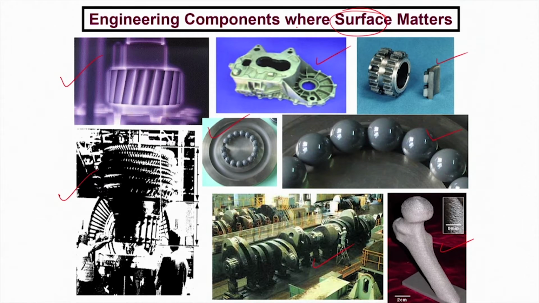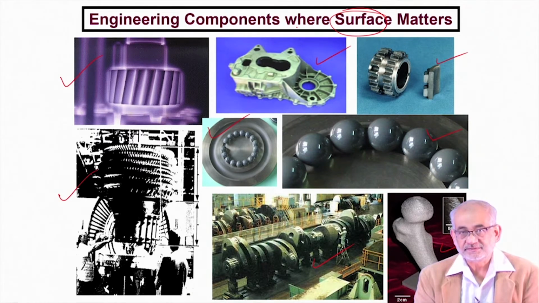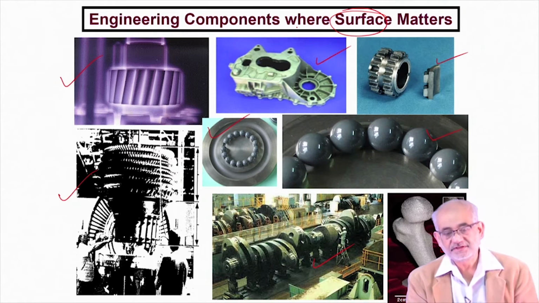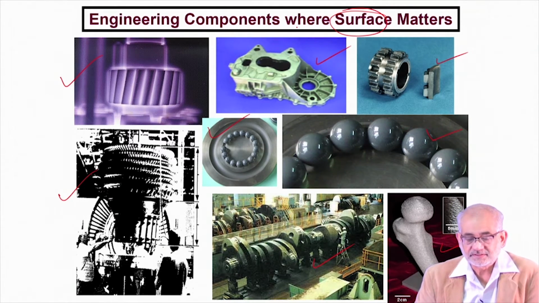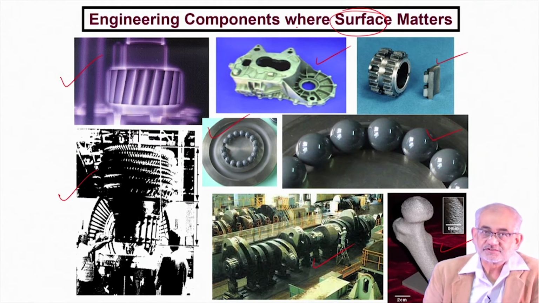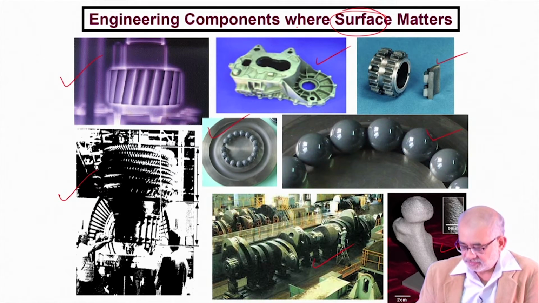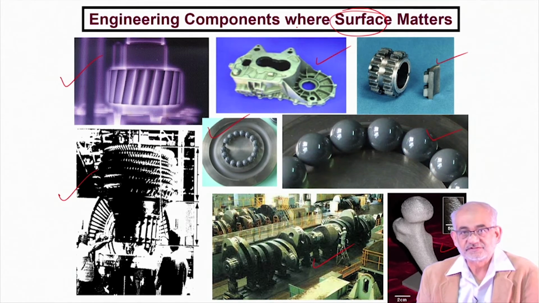So the core doesn't experience as much stress intensity or environmental attack intensity as the surface experiences. So surface always undergoes failure or is prone to undergo failure before the core of the material does. So we need to take care of the surfaces. We need to protect the surfaces against wear, friction, corrosion, oxidation, various other kinds of surface damages.